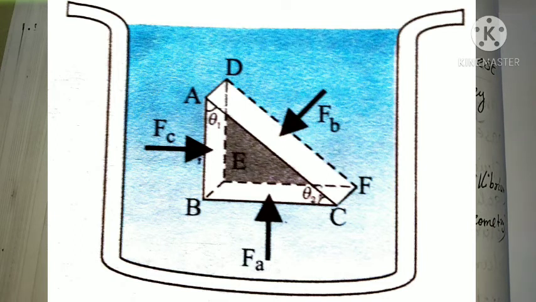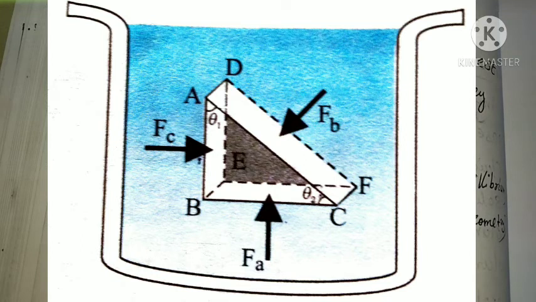That is also shown there. Let the areas of the three faces be AA, AB and AC. From the right angle triangle ABC, let angle AC be equal to theta.